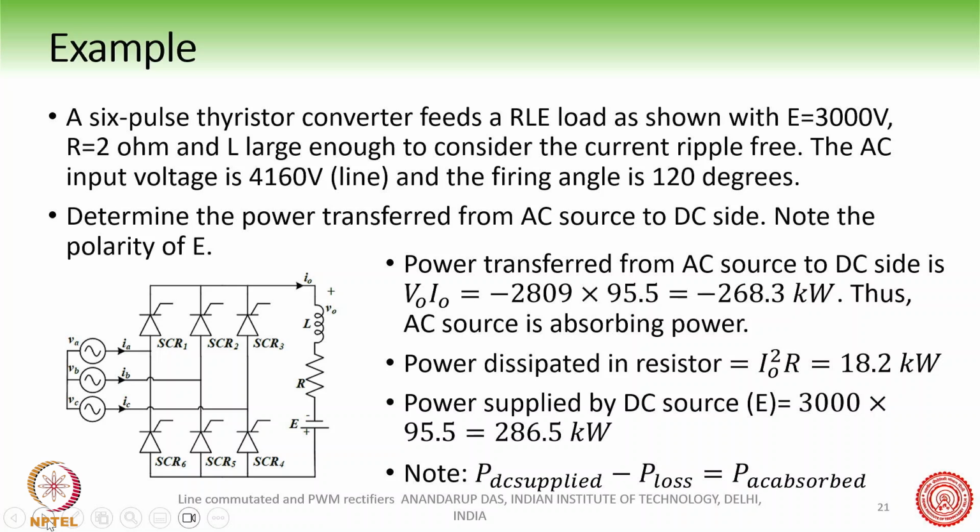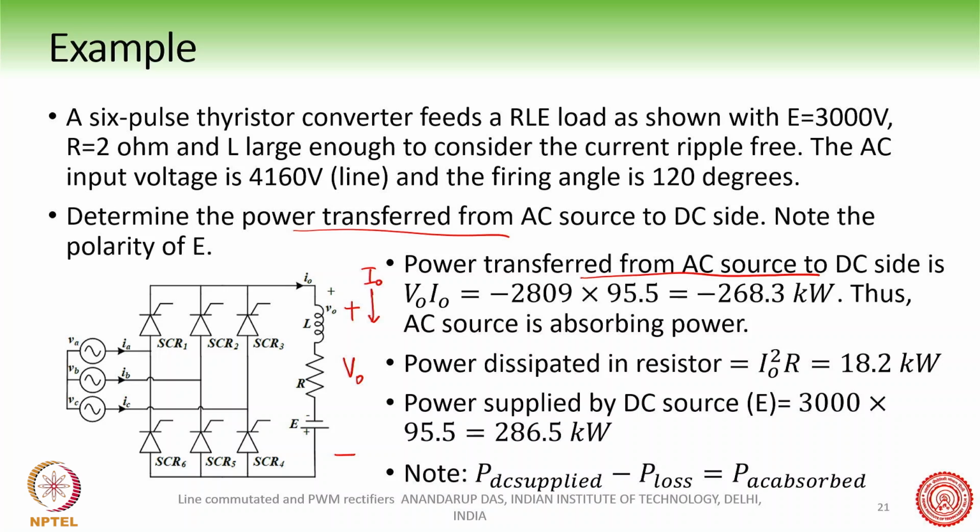Now the third part: determine the power transferred from the AC source to the DC side. You can find it out in different ways. One way which I am showing you here is that this is the output voltage V0 and this is the current I0.